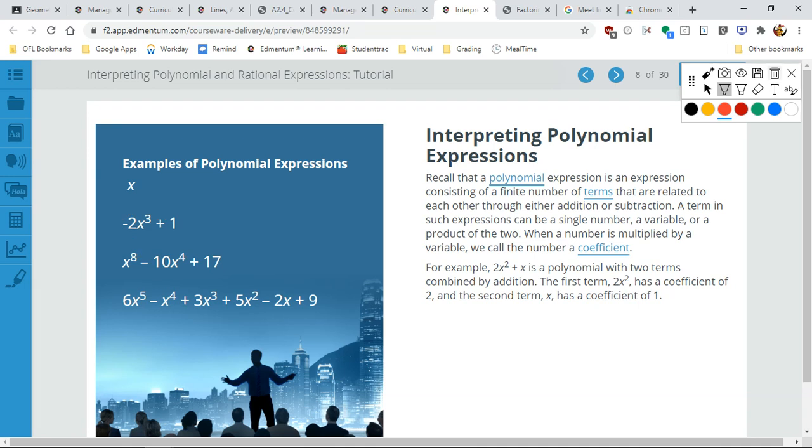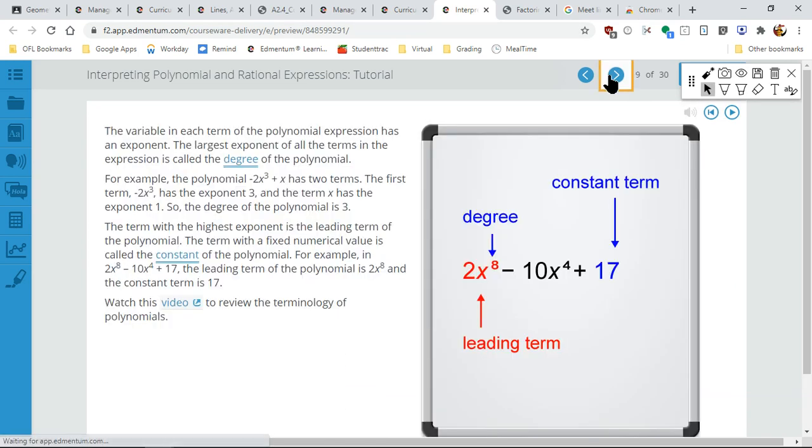So these are words that we kind of need to get used to because I am going to be using them a lot. Coefficient is this number in front of it. And that one also does carry the sign. So coefficient is a number in front of the variable. A little bit of review there. And a degree is the power.